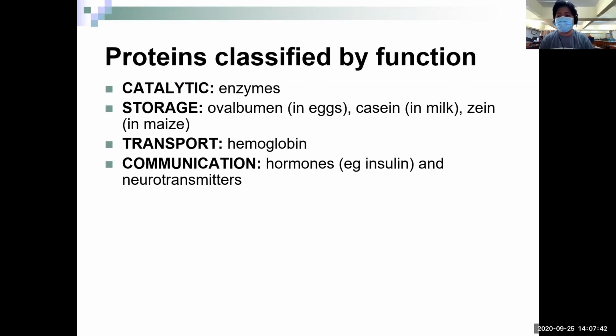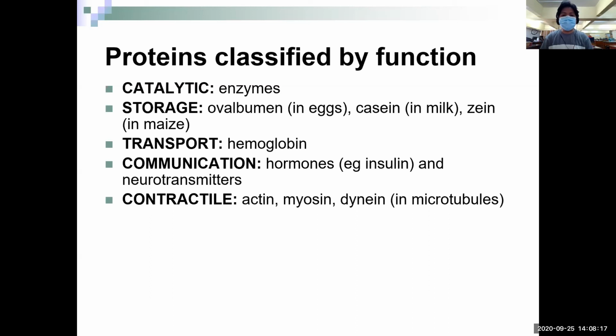An example of hormones is insulin, and as well as neurotransmitters. Neurotransmitters are found sa atong mga nerve cells or neurons. So they are responsible in communicating with the other nerve cells para ma-process sa atong brain ang stimulus, para maka-react tayo doon sa stimulus.